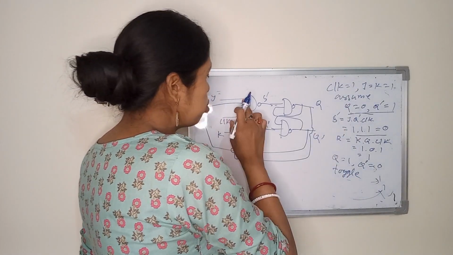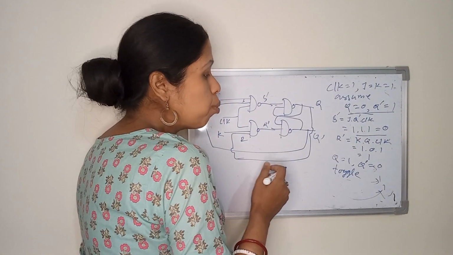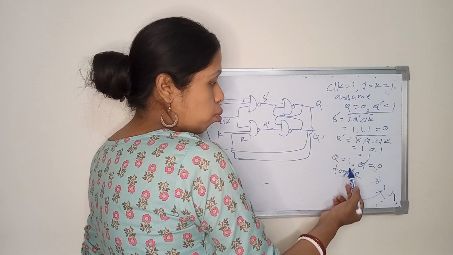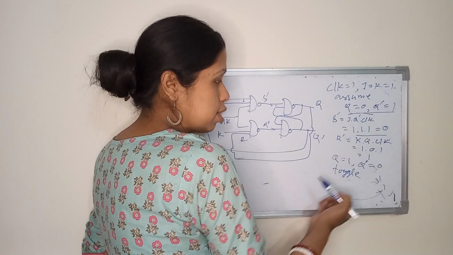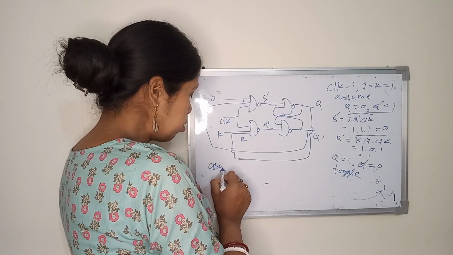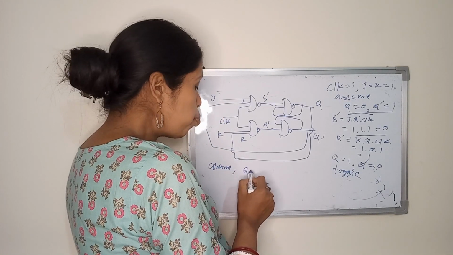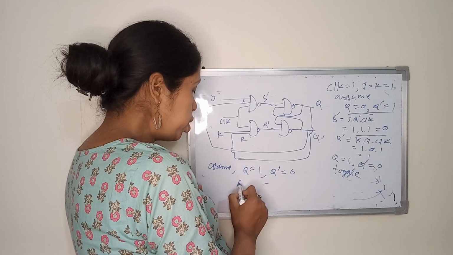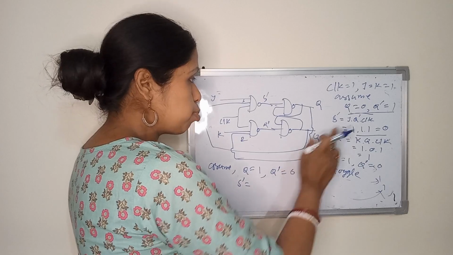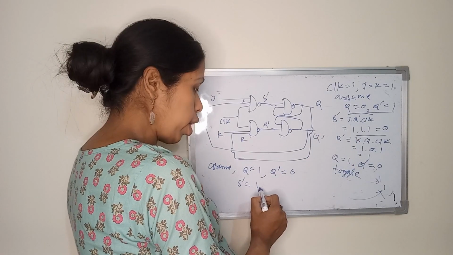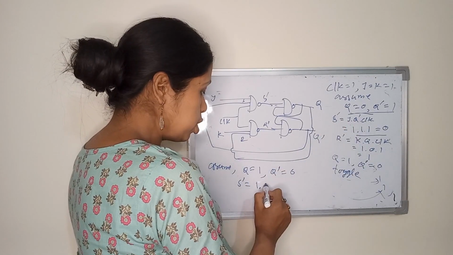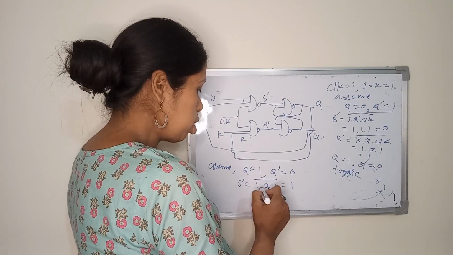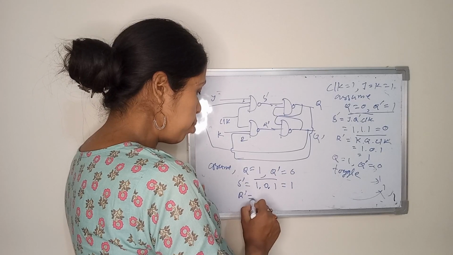So if you give both inputs as 1 in case of the JK flip flop, the output will toggle. If 0 is there, it becomes 1. If it is 1, it becomes 0. Now assume that your past value Q is 1 and Q prime is 0. What will be S prime? J is 1, Q prime is 0 and clock is 1, so S prime is 1. What is R prime?